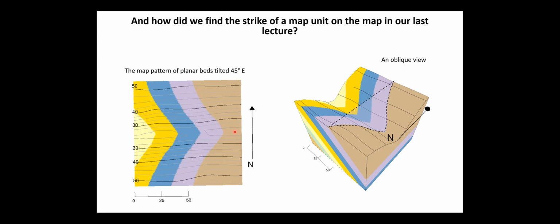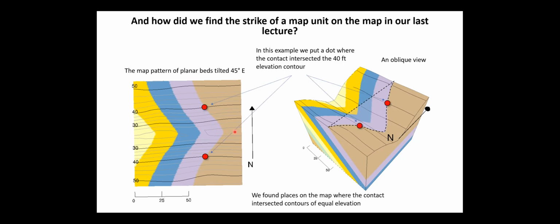But we can actually get quantitative with this and determine the strike and dip of planar features just by getting the map pattern, how that interacts with elevation. Okay, so we can get strike by finding two locations along our contact where the contact intersects the same elevation contour.